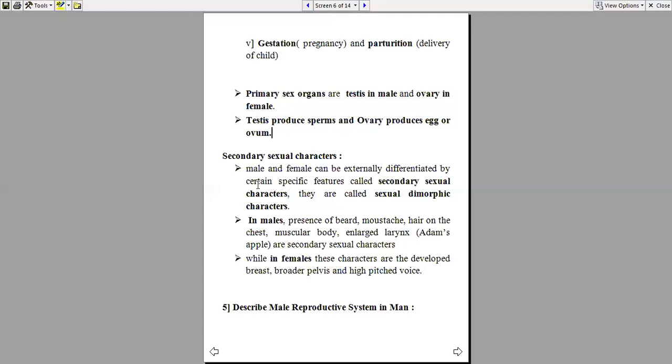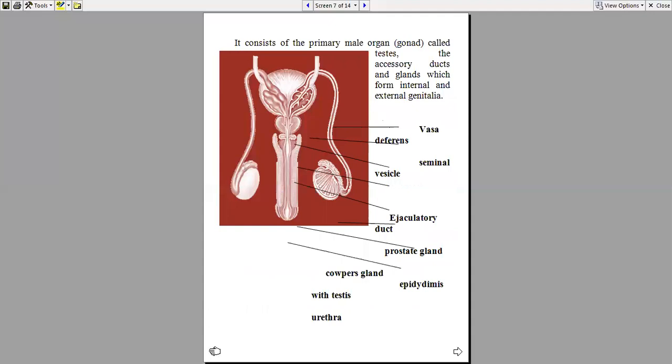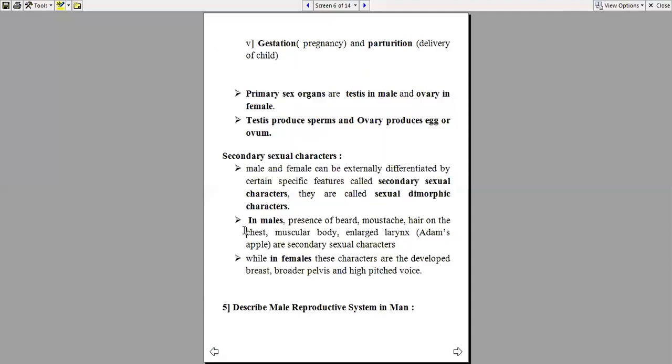Now here a term comes, secondary sexual characters. What do you mean by secondary sexual characters?